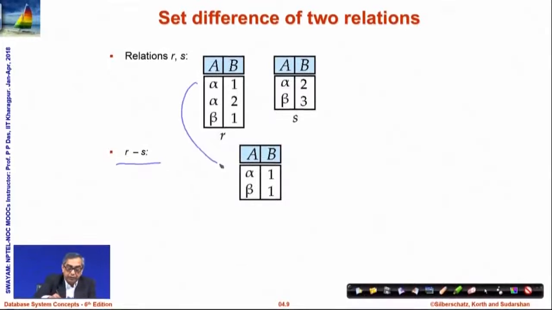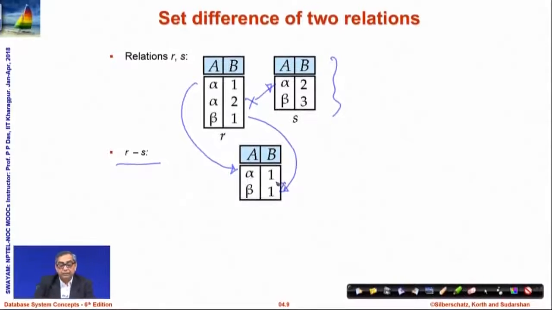So, this is included because this is not here, but this is not included because it is in S. This is included because this does not exist in the set S. So, you take the set R and then erase all the records like this which exist in S, and you get R minus S.